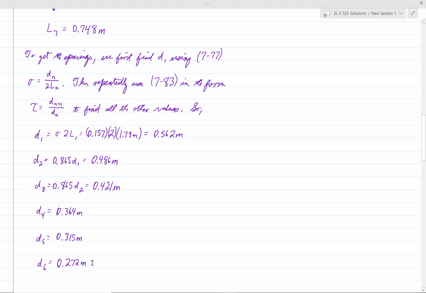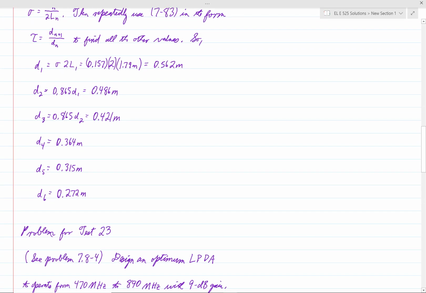Again, we stop at d6 because d6 is the distance between element 6 and element 7, and there are no more elements after element 7. And so this is the procedure for designing a log periodic dipole array.